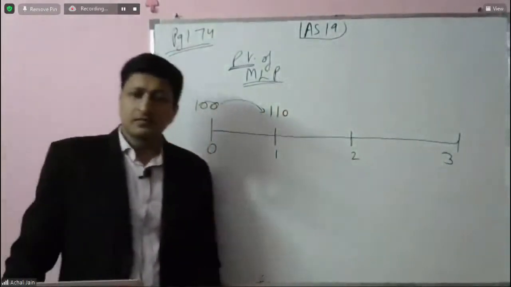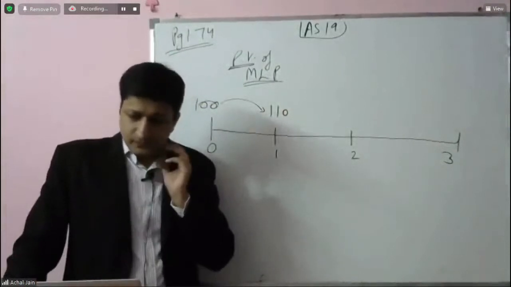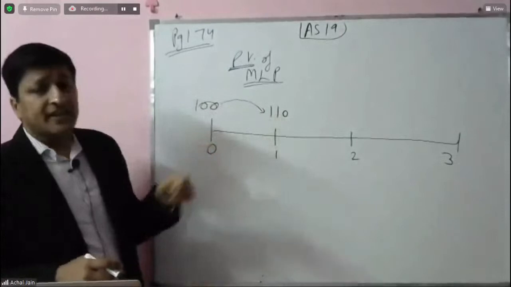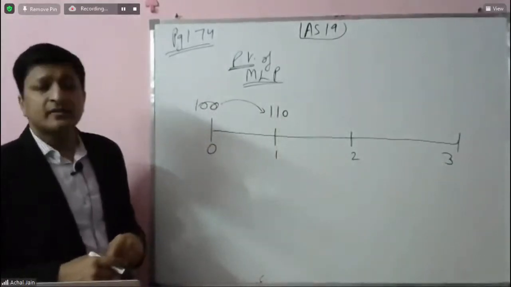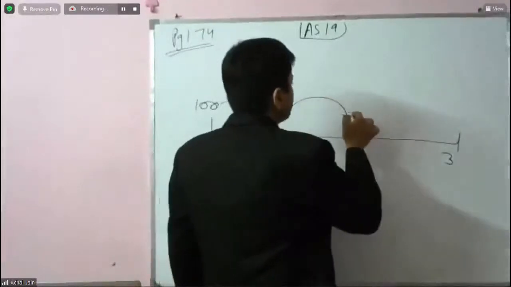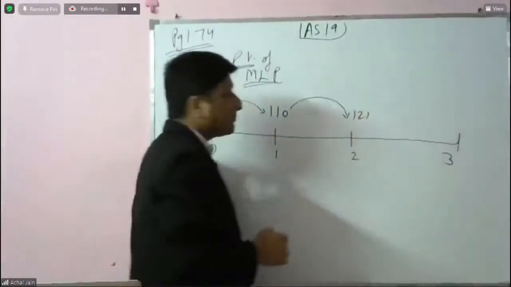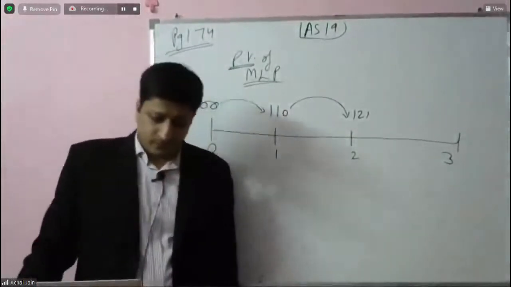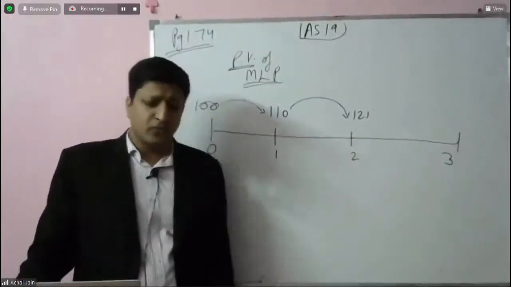Correct? After second year, what would it become? Again, taking a rate of 10%, can you tell me? 121. Why? Because 10% interest will now be taken on this. After third year, what would it become?